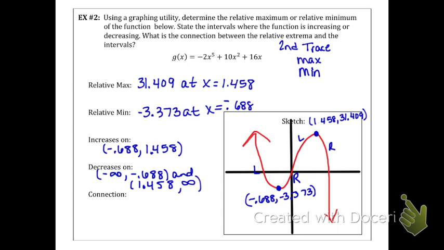And then the connection there is that we notice that the relative extrema are our turning points. So the maximum and the minimums are our turning points, and that's where this change is going to occur in increasing to decreasing, or vice versa.